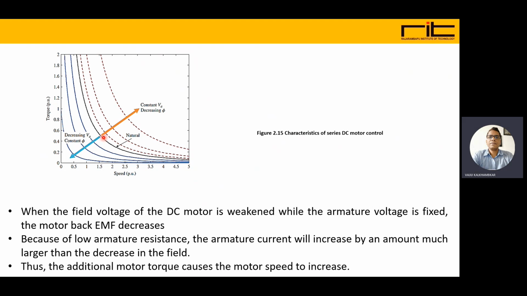To get the speed above rated value, we can decrease the flux, keeping the voltage constant. So when the field flux of the DC motor is weakened while armature voltage is fixed, the motor back EMF decreases. Because of low armature resistance, the armature current will increase by an amount much larger than the decrease in the field. Thus, additional motor torque causes the motor speed to increase.